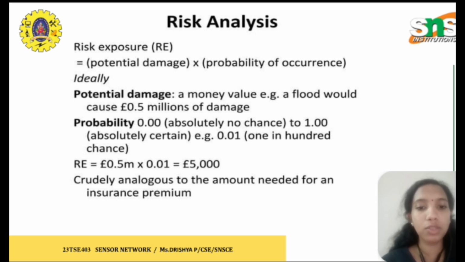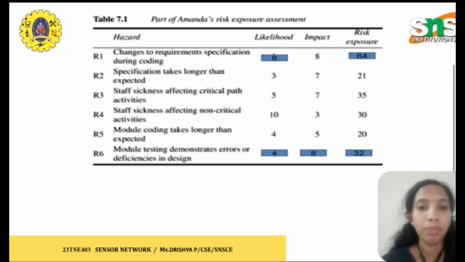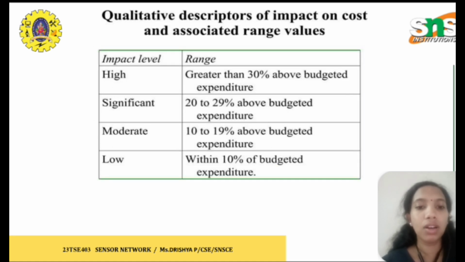RE is risk exposure. This is Amanda's risk exposure assessment, an example from a past completed project by Amanda. Go through it: the risks are numbered R1 to R6, with their values for likelihood, impact, and risk exposure. Using this, find the overall risk. There are ranges for the qualitative descriptor of impact on cost.